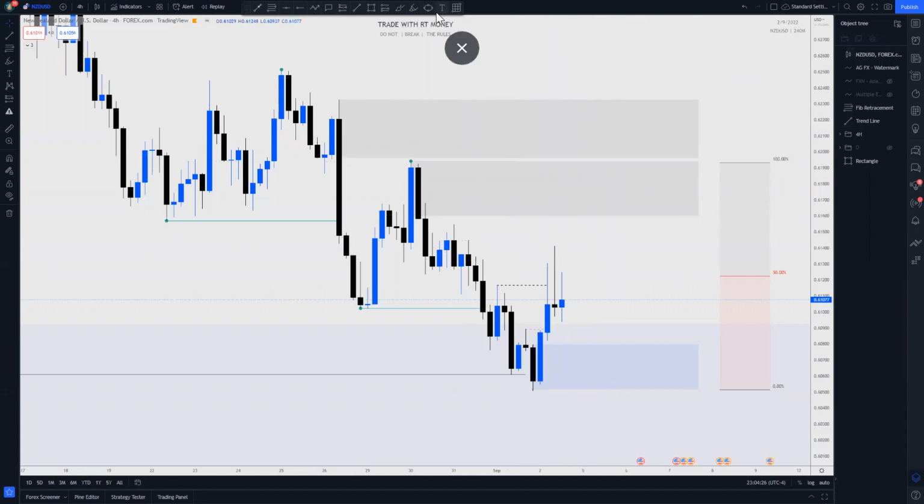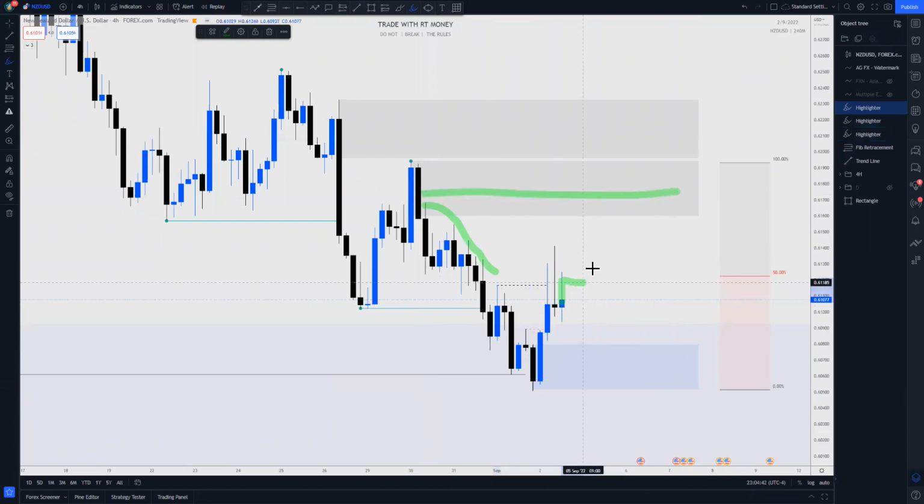Here's the deal. I'm looking at this price action here, right? And it's efficient, meaning that it didn't leave any imbalances. So price is efficient up to this point. Price could come back here. If price pulls back, I'm thinking that it'll probably reach this point.